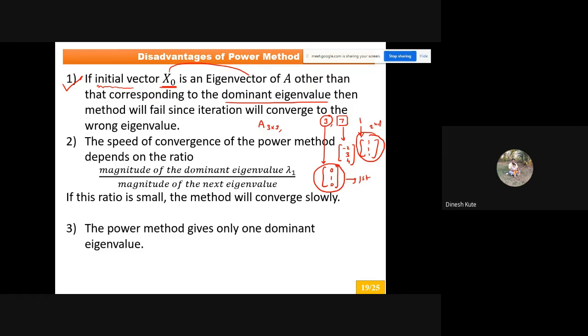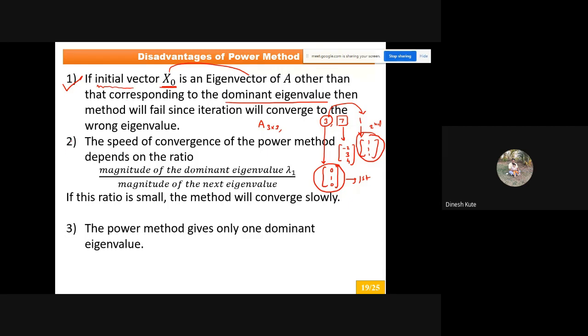What is the problem with the initial vector? You can't take an initial vector which is the eigenvector of an eigenvalue other than the dominant eigenvalue. Like say for 3 and 1, you can't take the eigenvectors corresponding to 3 and 1 as your initial vector.